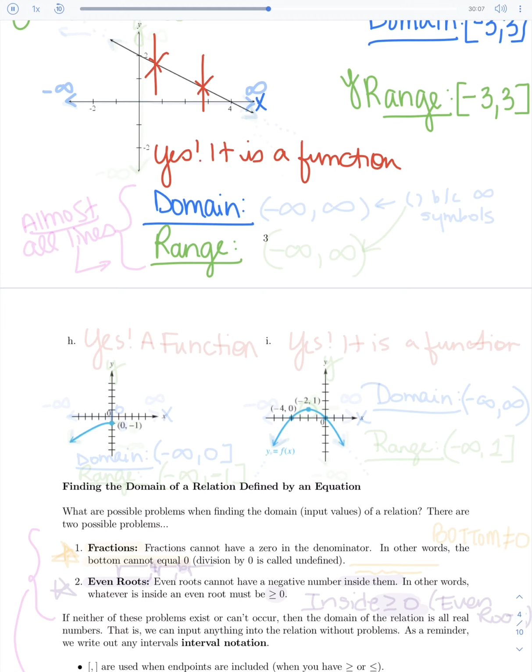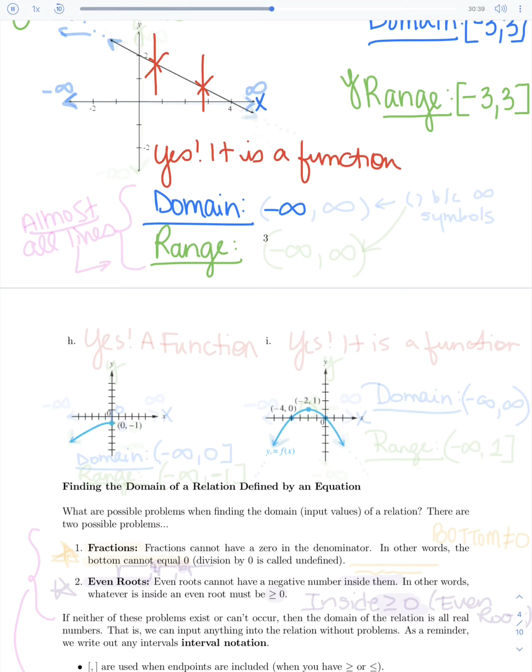Notice that on the left-hand side where the negative infinity end is, our graph is going to keep on going forever in that direction to the left, because even though we don't see it, that arrow means it will keep on going. So the domain actually doesn't start anywhere. It keeps on going to the left forever, so the domain starts at negative infinity.